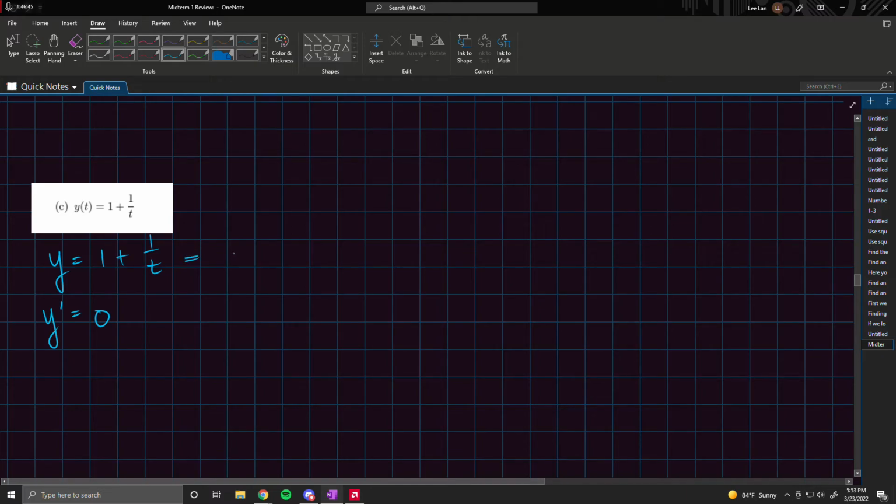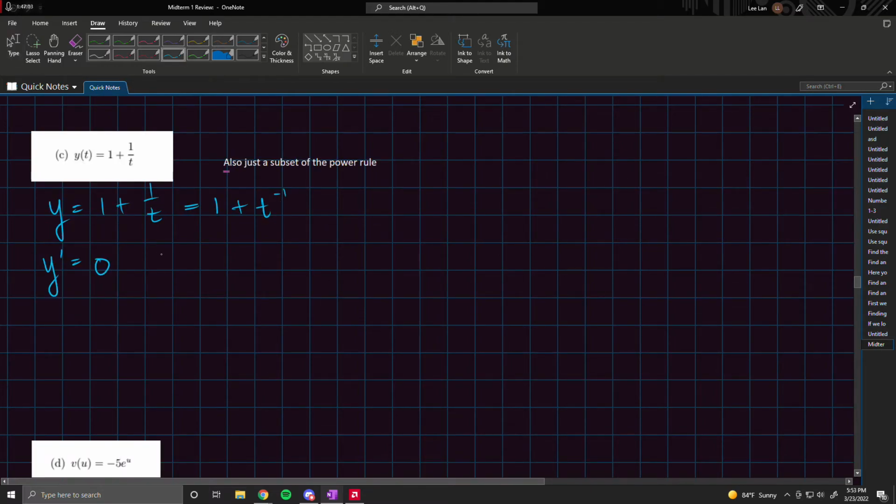Well, again, this is also just a subset of the power rule, right? And why is that? Well, if you rewrite this, that's 1 plus t to the negative 1. Right, so that's going to be plus.